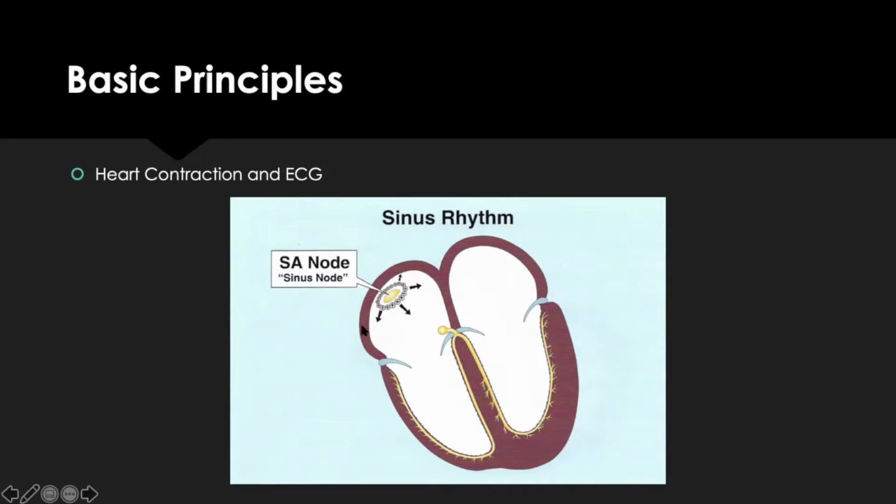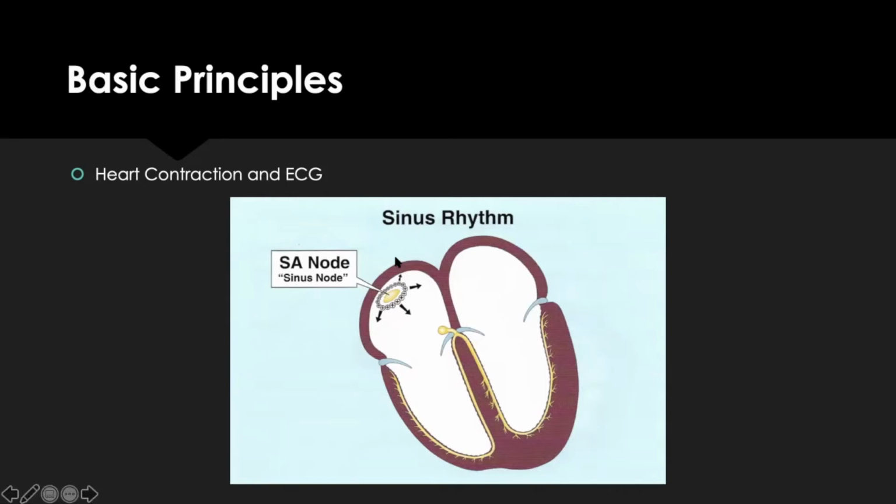The SA node is the main pacemaker of the heart. While there are other pacemakers of the heart, they are kind of like backups. They're there just in case the SA node fails. But the SA node's pace is 60 to 100. So the normal range of beats per minute is 60 to 100 beats per minute.